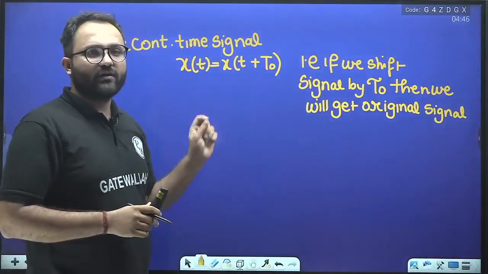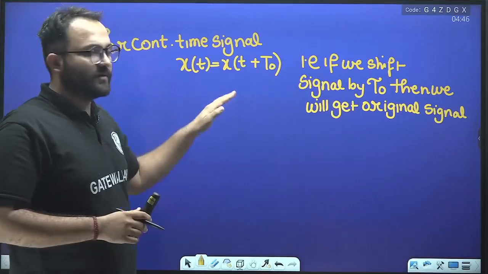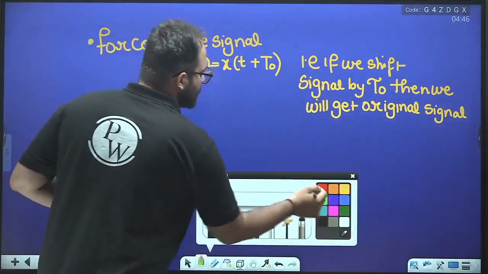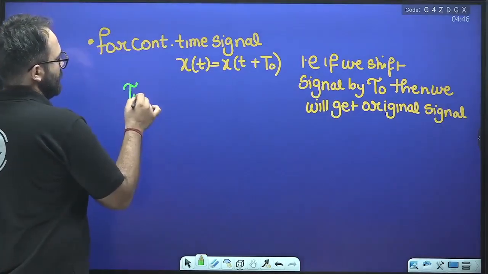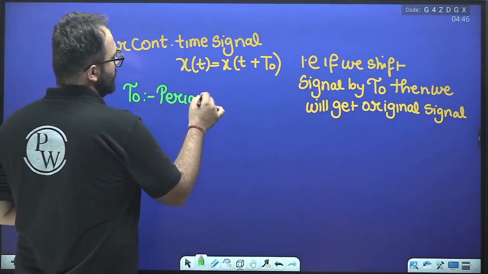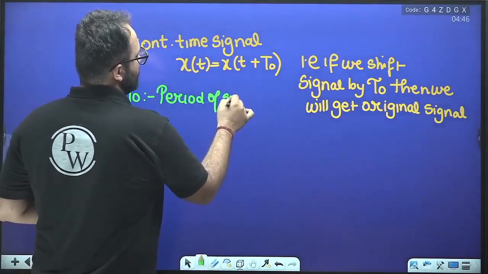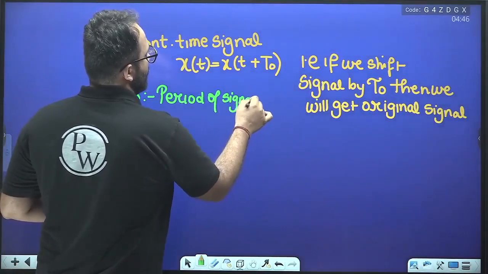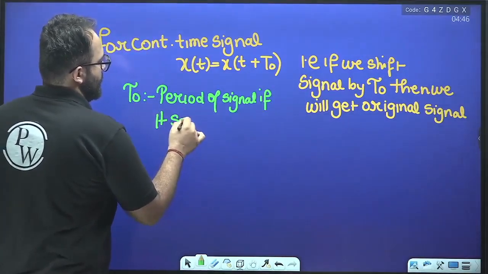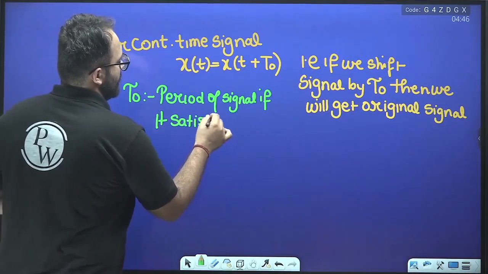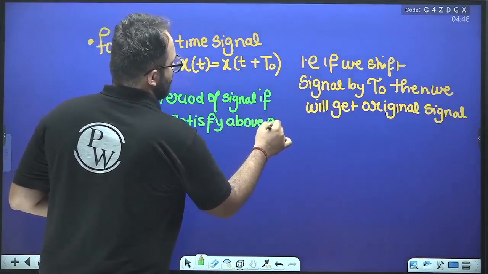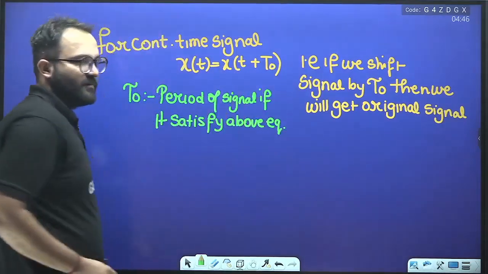This T naught is called the period if it is satisfying this equation. T naught is called period of the signal if it satisfies the above equation.